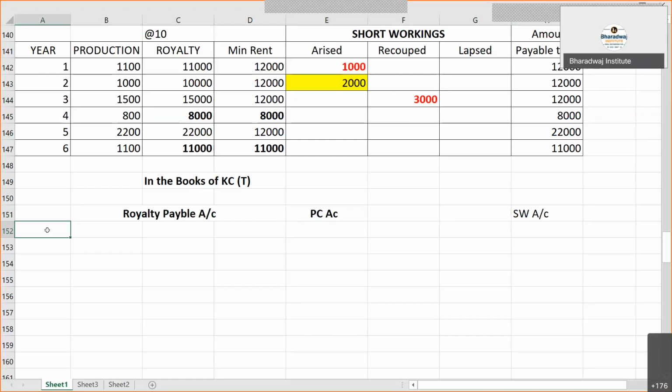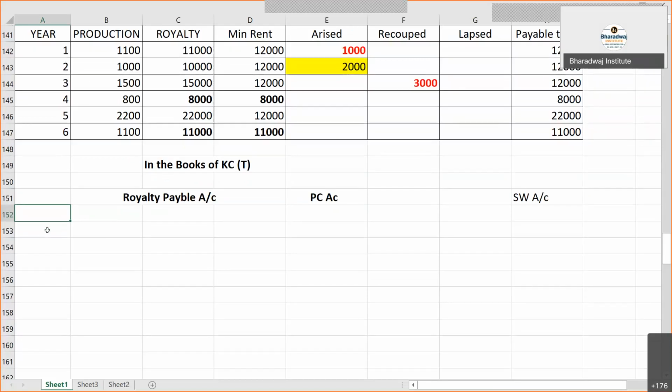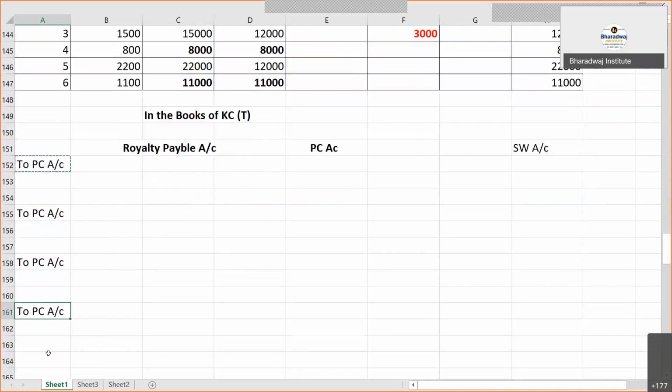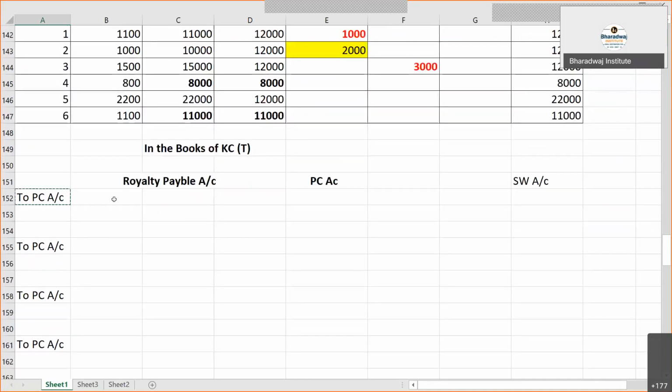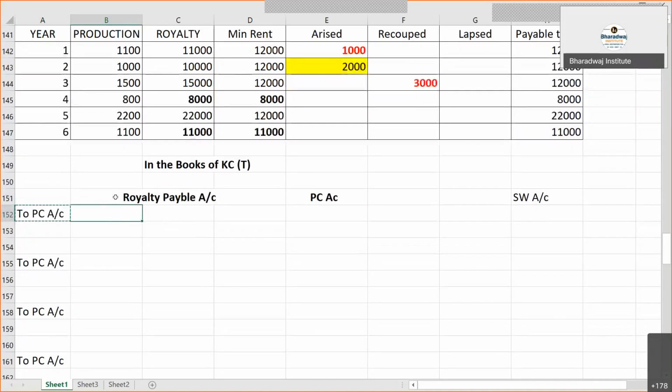See, it is simple to prepare. Royalty is an expense, you debit it, and royalty payable is credited to PC account. You will do this for every year, first year through sixth year. It is payable to PC. What is the amount payable in the first year? 11,000. First year royalty only, not the total amount payable.